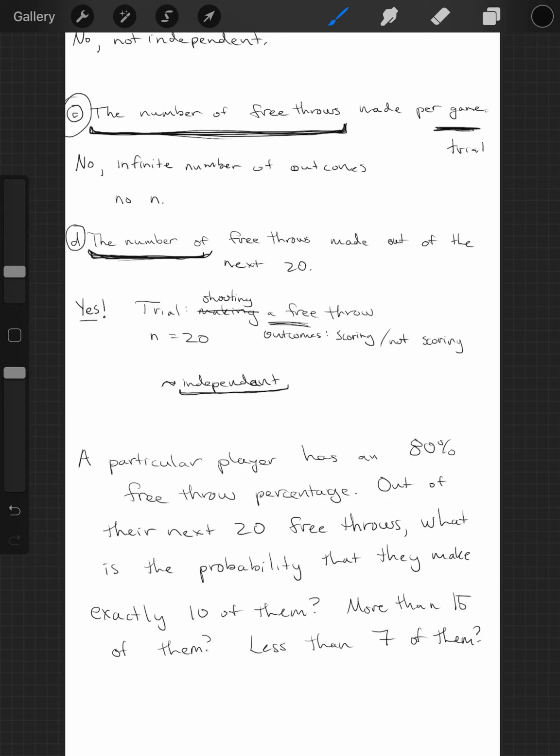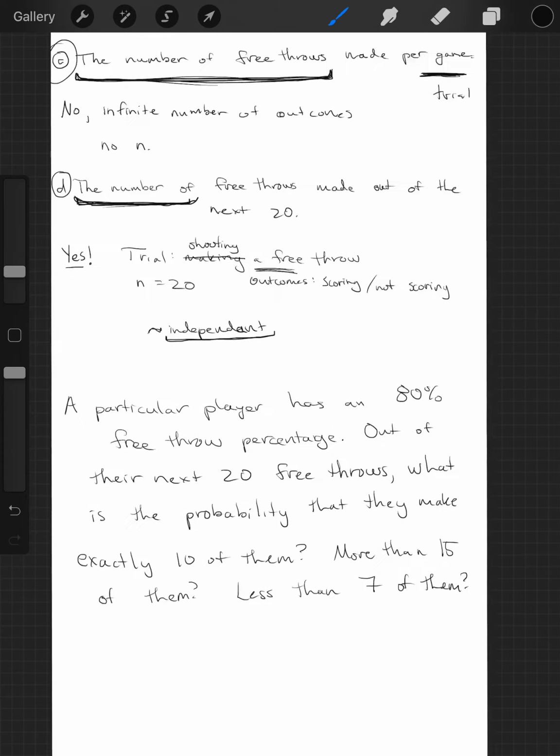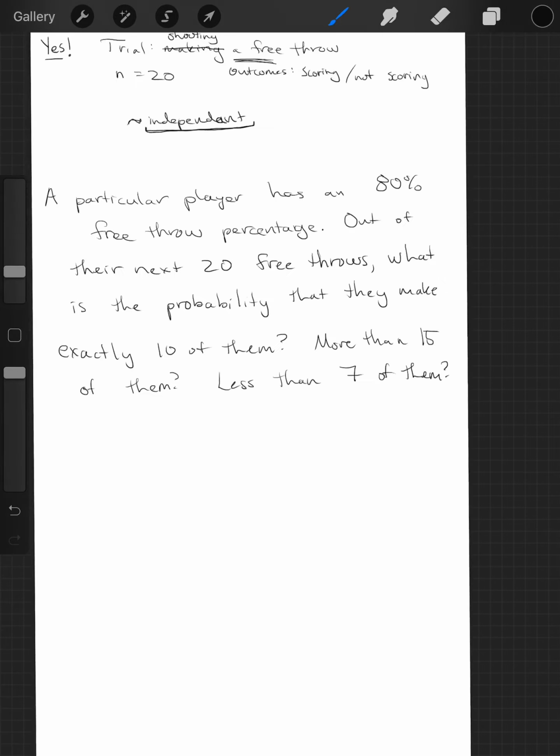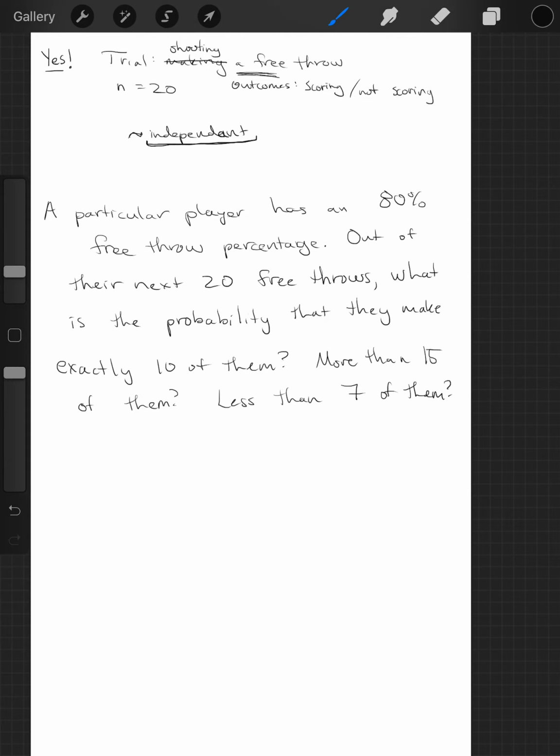Right? So again, here comes the point where I really want to be able to plug it into my calculator, but the one I can show you and the one I have on hand won't let me do it. So instead, I'm going to answer these questions with what you would plug into your calculator.